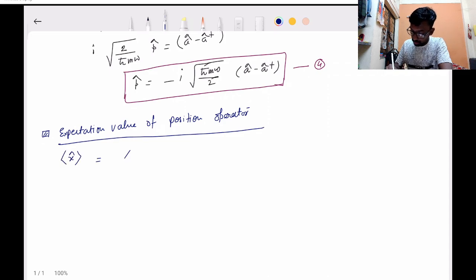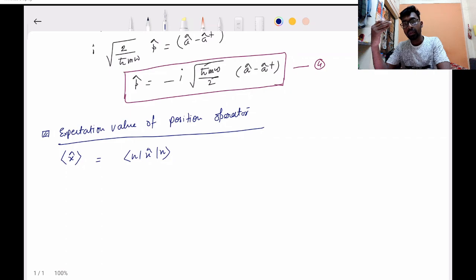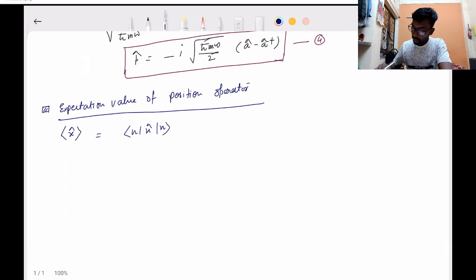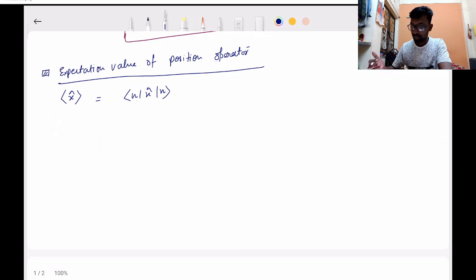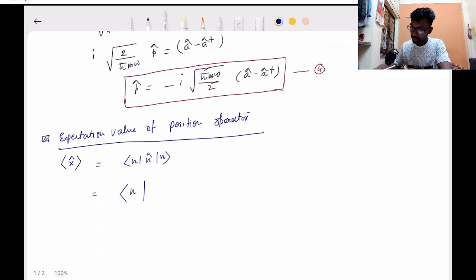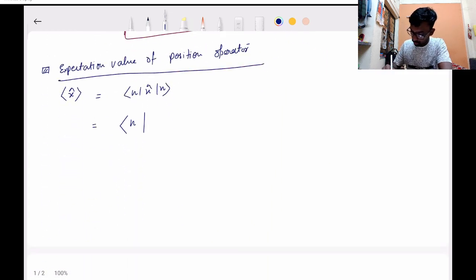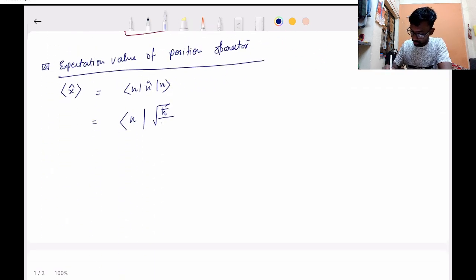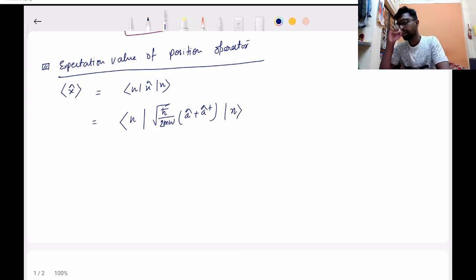So the expectation value of the position operator is ⟨n|x|n⟩. Actually we try to find it with respect to the nth state, right? It's a very easy process. We already calculated the value of x, right? Just put it here: ⟨n|x|n⟩, where x equals √(ħ/2mω)(a + a†).